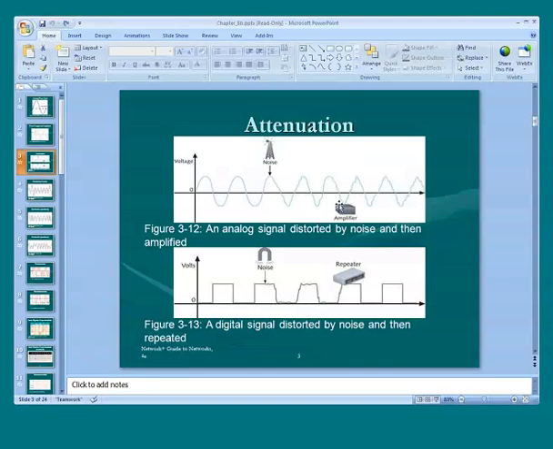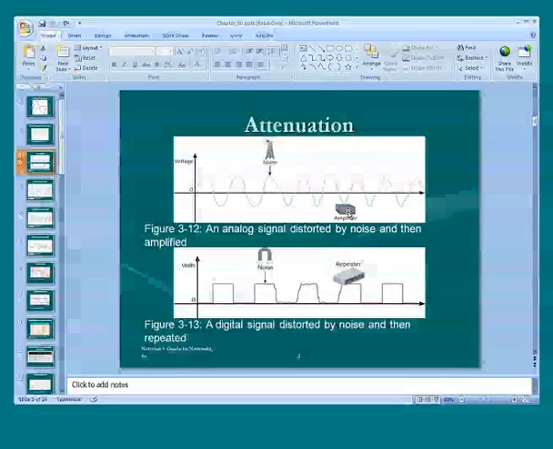And at some point, those signals will need to be regenerated, and we call that process amplification. Hence, you would need an amplifier to produce that effect.